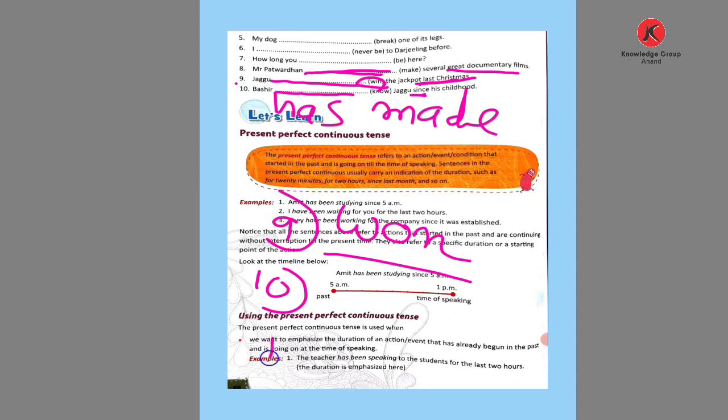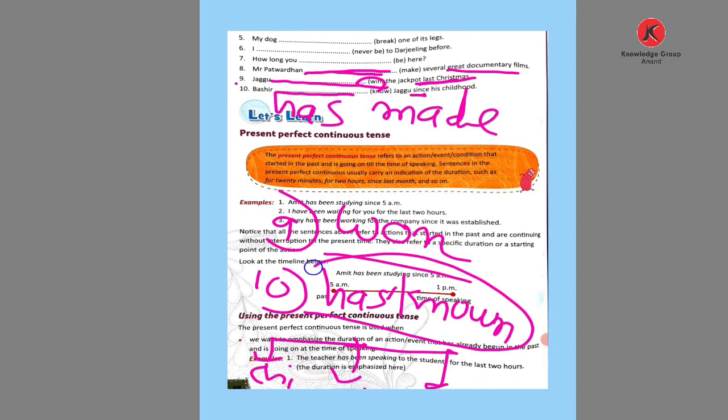Since and for are used in the present perfect tense. Since his childhood, he knew him in the present already and in the future also. So we use present perfect: Basir has, then know changes into known. So has known is the answer for number 10.